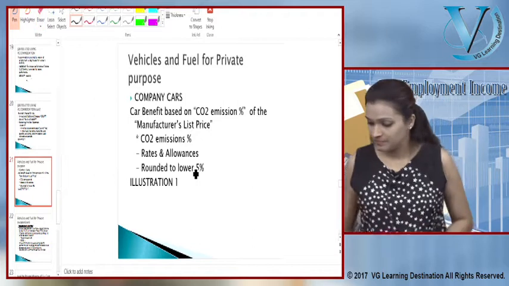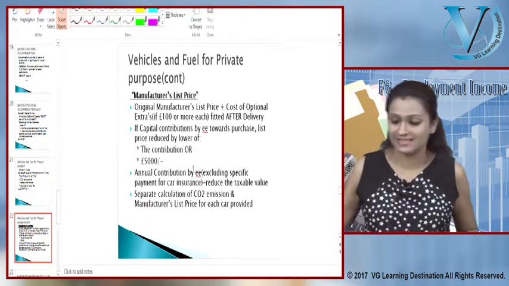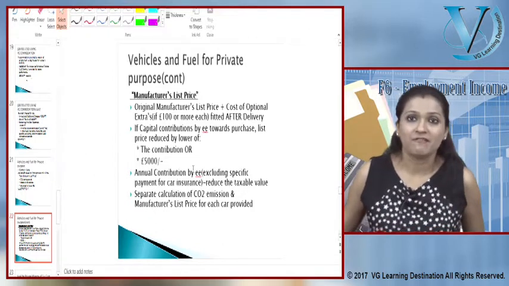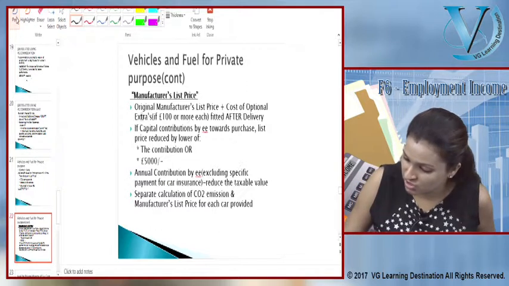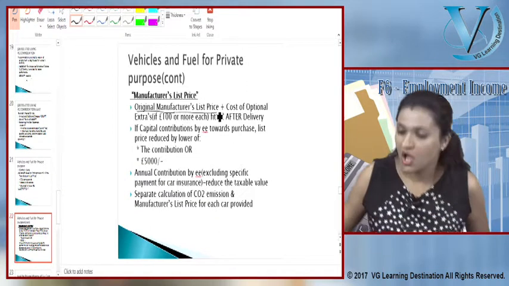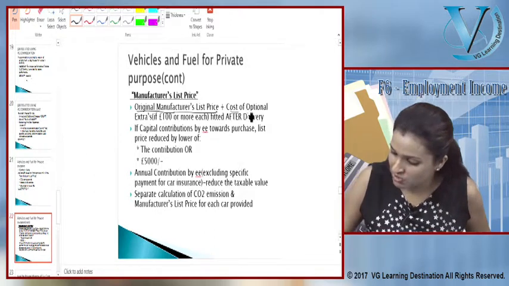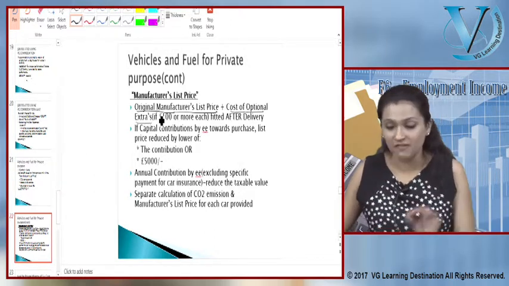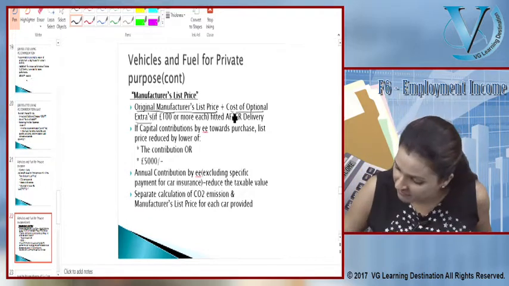What next? Basically, what is the manufacturer's list price? First, you start with the original manufacturer's list price. On that original list price, you add the cost of the optional extras, which basically means if it is 100 pounds or more each, fitted after delivery.